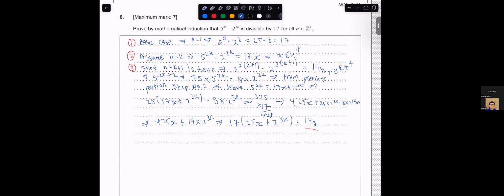We have to say that n equals k plus 1 is considered true if we assume that it is true for n equals k, which is step 2.